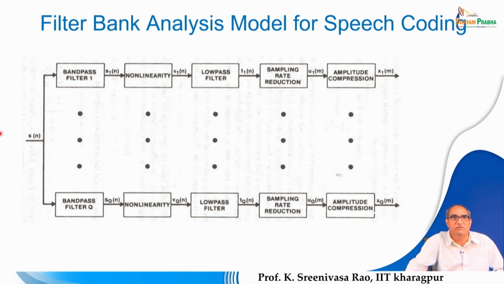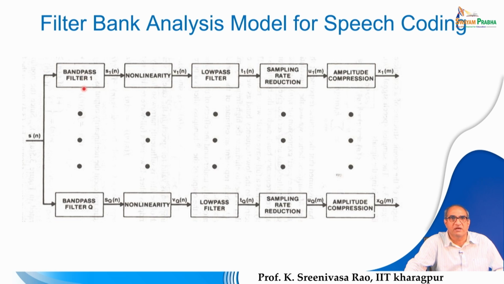It means here we have a speech signal and the speech signal will be passed through a set of filters; here we have a set of Q filters. Suppose the number of filters equals 16, for example; it can be 8 or 16, that is the way the number of filters used to be.